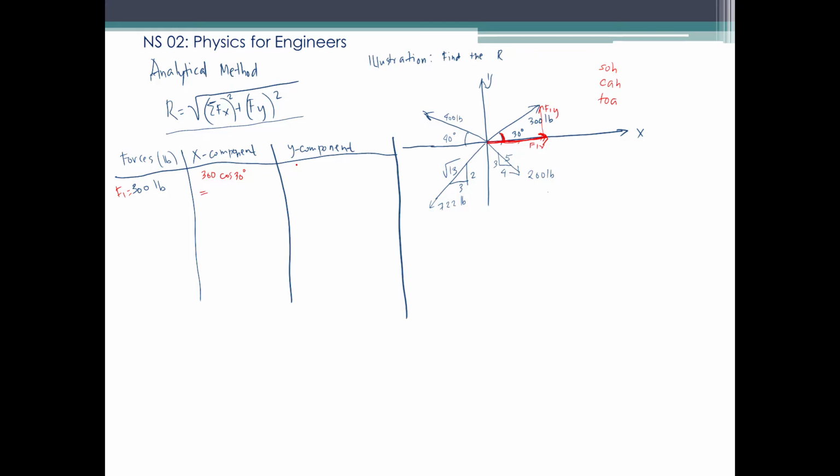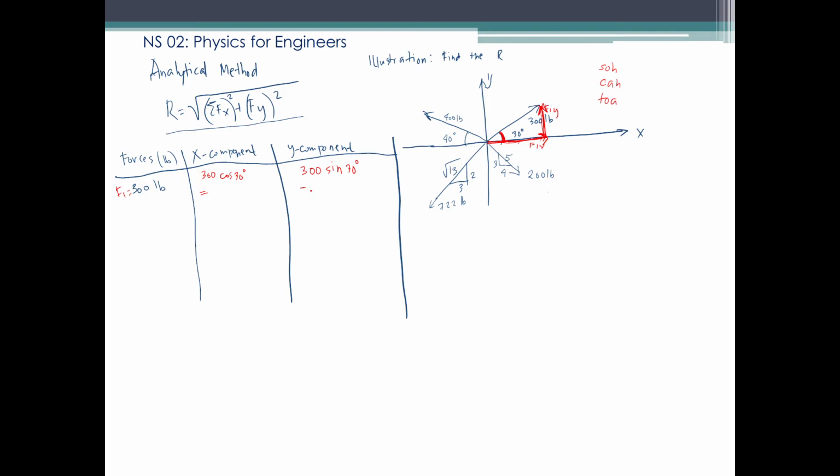While for the y component of F1, the y component is opposite the angle 30, and opposite is sine. So F sine 30 degrees, 300 sine 30 degrees.